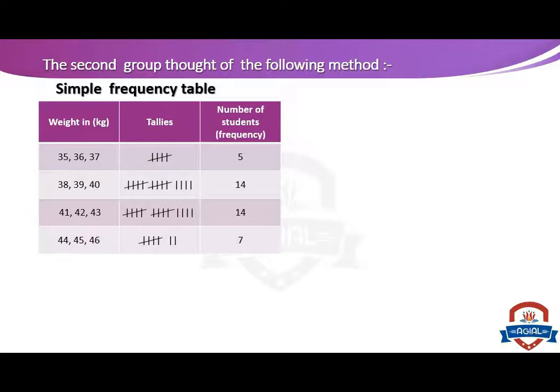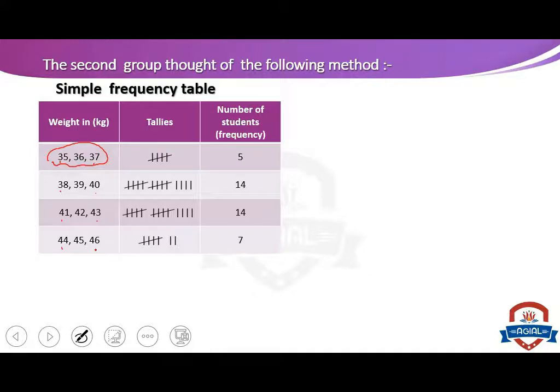Simple frequency table. They used the simple frequency table. When we look at this table, we notice that they divided the weights into groups, and each group consists of 3 weights. For example, from 35 to 37, from 38 to 40, from 41 to 43, and from 44 to 46.